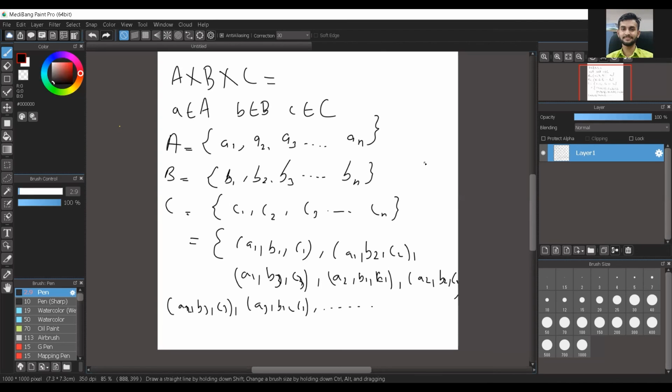It should continue, right? Yes, it should go on depending on the number n, because here we wrote n, so we don't know where we end. It just keeps going on. The last element will be An.